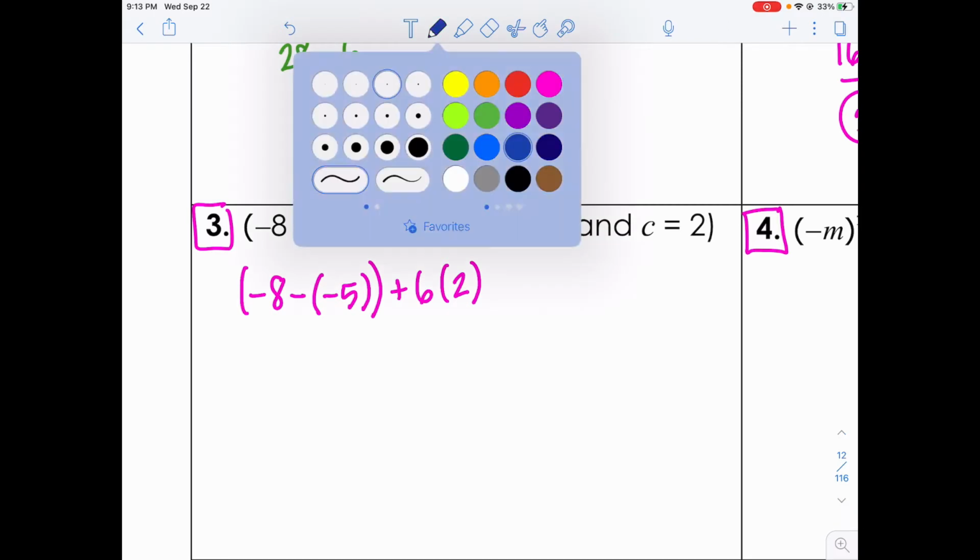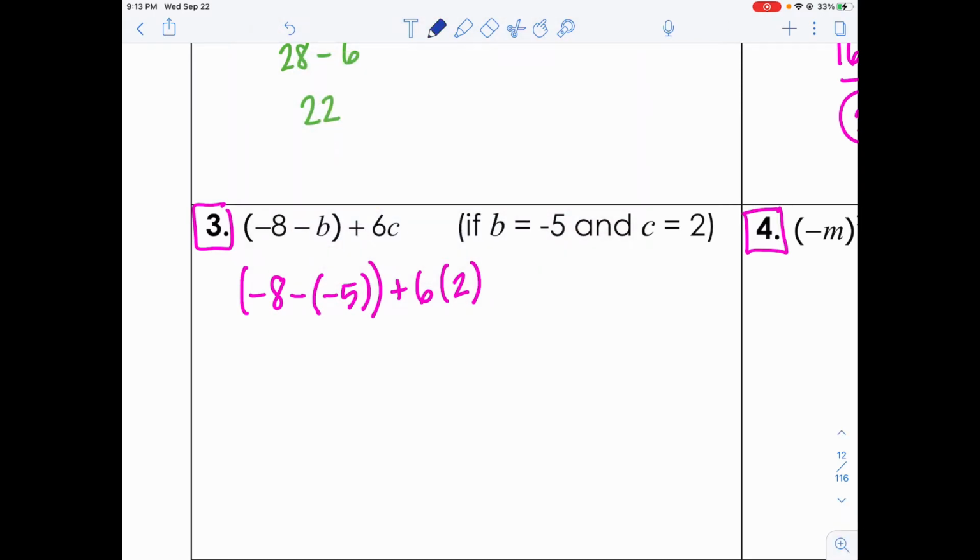Doing order of operations, I have to do what's inside of my parentheses first. This is negative 8 minus a negative 5. We do not subtract integers. We change it to adding the opposite. So now, working inside of my parentheses, I have a negative 8 plus a positive 5. Negative 8 plus a positive 5 is a negative 3.